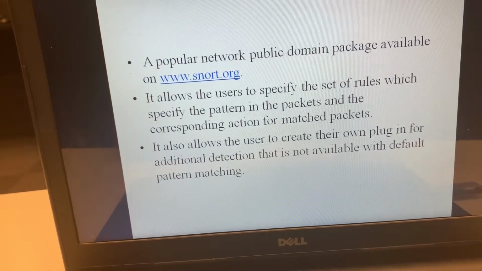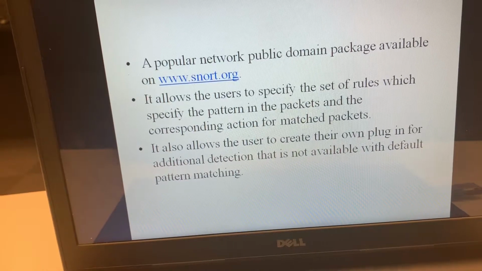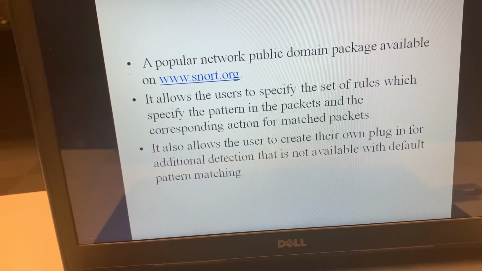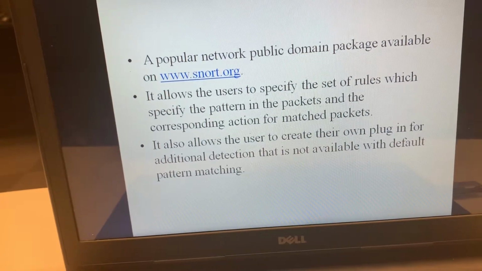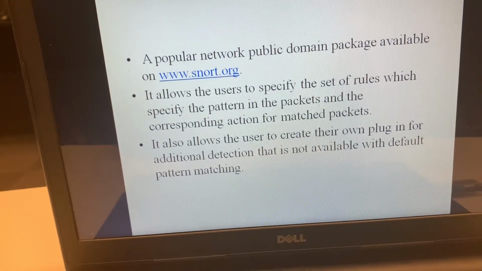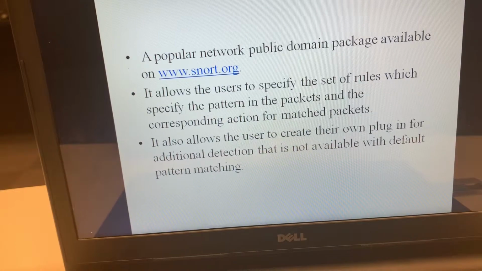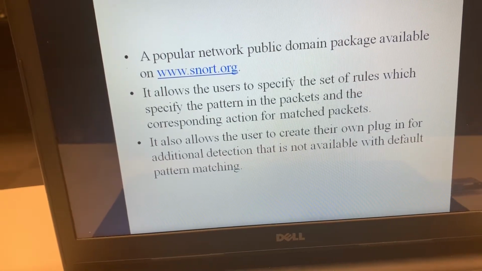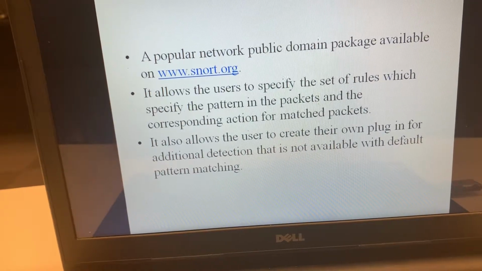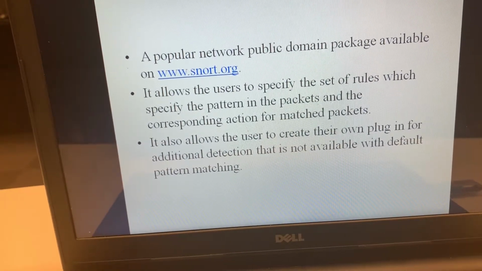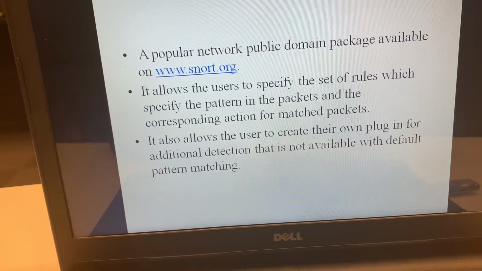It also allows the user to specify a set of rules which specify the pattern in the packets and the corresponding action for matched packets. Moreover, Snort also allows the user to create their own plug-in for additional detection that is not available with default pattern matching.